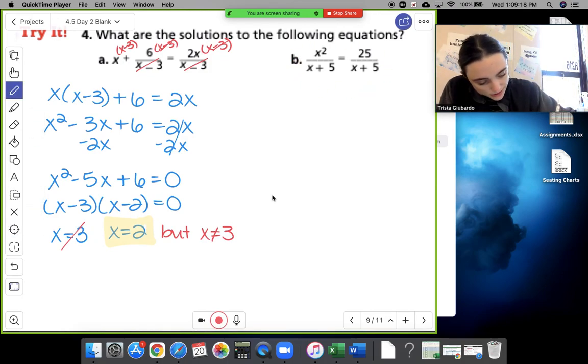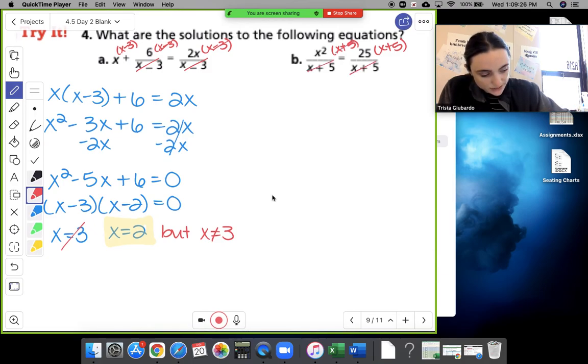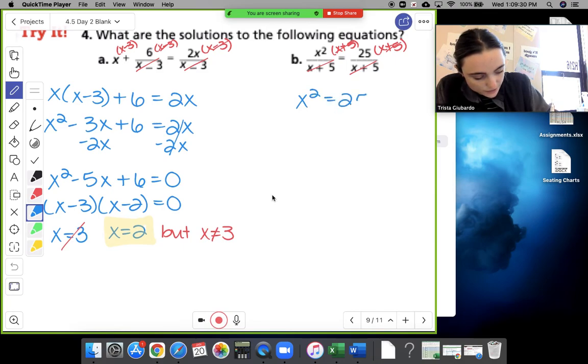If we use the least common denominator method here, we'd multiply both sides by the x plus 5's. The x plus 5's end up canceling for each, so we're just left with x squared equals 25. This is a quadratic. You could subtract the 25 over and then factor to solve, since it's a difference of squares. Easier though, since it's just x squared equals a number, we can square root both sides to cancel out the squared.